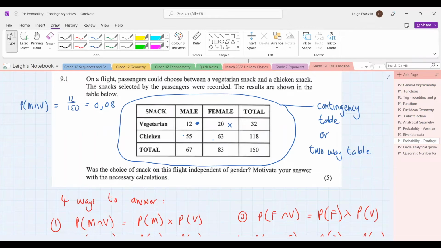All right. Now, since we've chosen male and vegetarian, now we have to consider the probability of someone being male multiplied by the probability of someone being vegetarian. So what is the probability of someone being a male on the plane? There we go, Adisha.